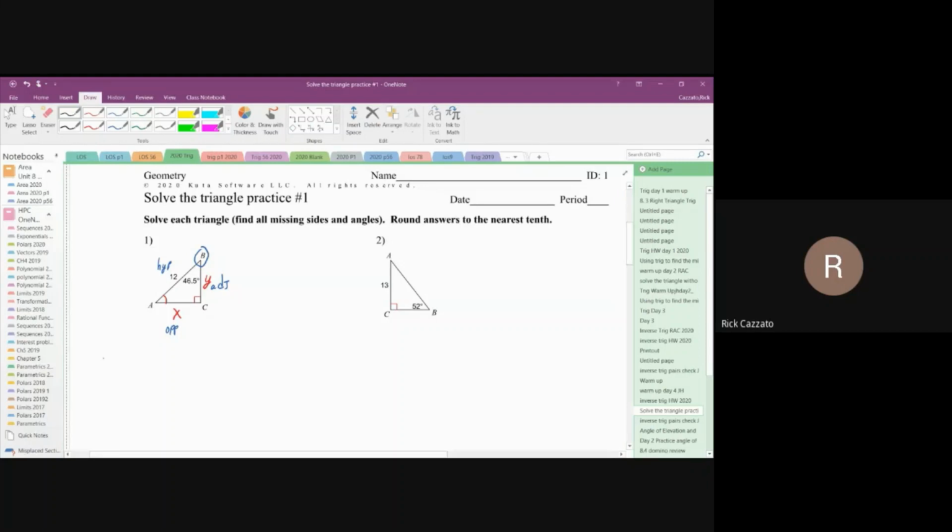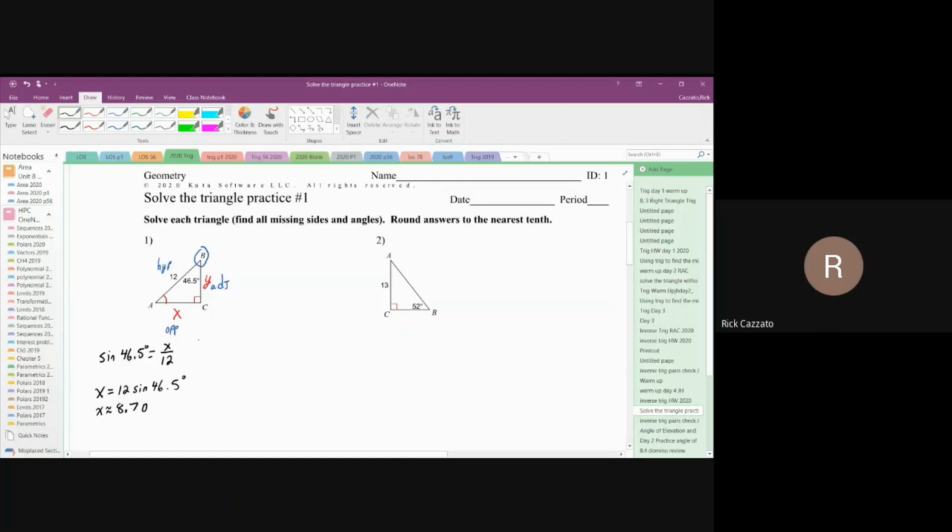So I'm going to say the sine of 46.5 degrees is equal to x over 12. I'm going to cross multiply, and x is equal to 12 sine 46.5 degrees. And using my calculator, I get x is around 8.70.